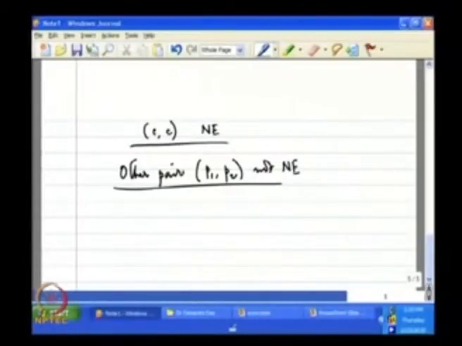The reason is the following: suppose this other pair is such that the prices are different and both the prices are higher than C. If both the prices are higher than C, then there is profitable deviation for at least one player. The firm that is charging the lower price, it is earning profit because there is profit margin, but it can earn better if it raises its price just a little bit. It can earn higher profit because it still retains the market, because the other firm is charging a higher price.